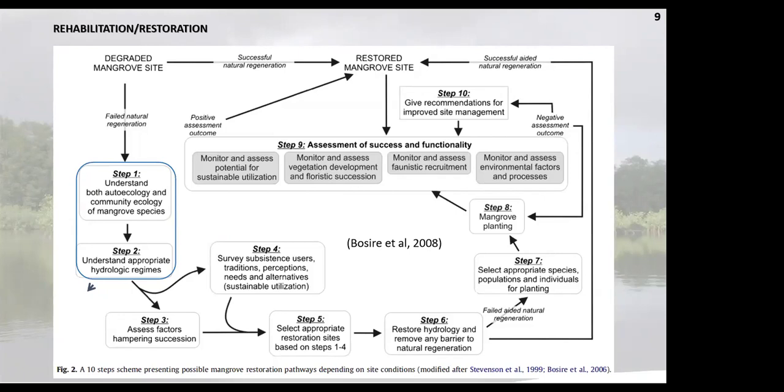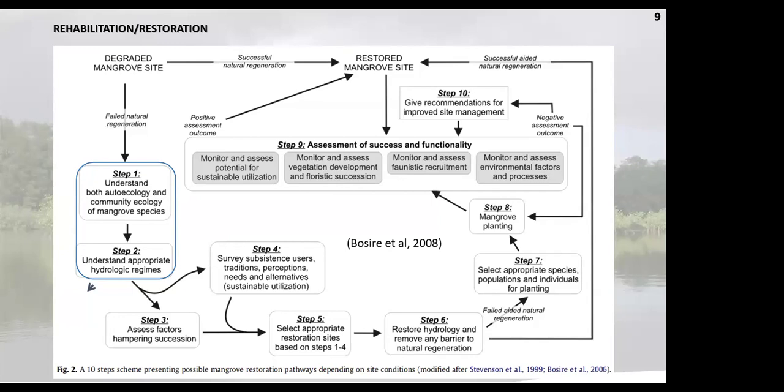It's a model designed by Bozir and colleagues. And how does this protocol start? Well, first you have a degraded mangrove site, where the mangroves have been degraded or destroyed. And when you aim at a recovery plan, the first step is to understand why the forest is not recovering naturally by itself.